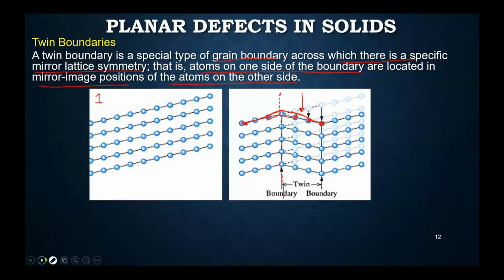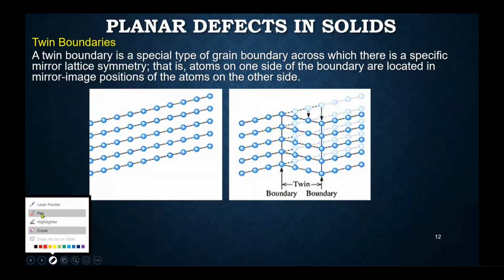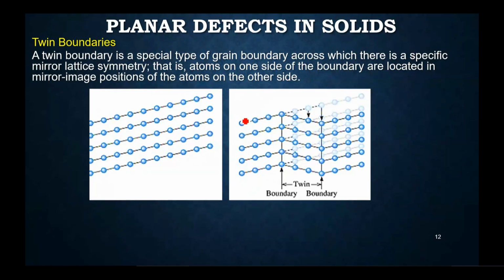All right. So actually, these atoms are mirrored across this boundary into these atoms. Similarly, if you look at this boundary, atoms lying on this side are mirrored across this boundary into these positions.